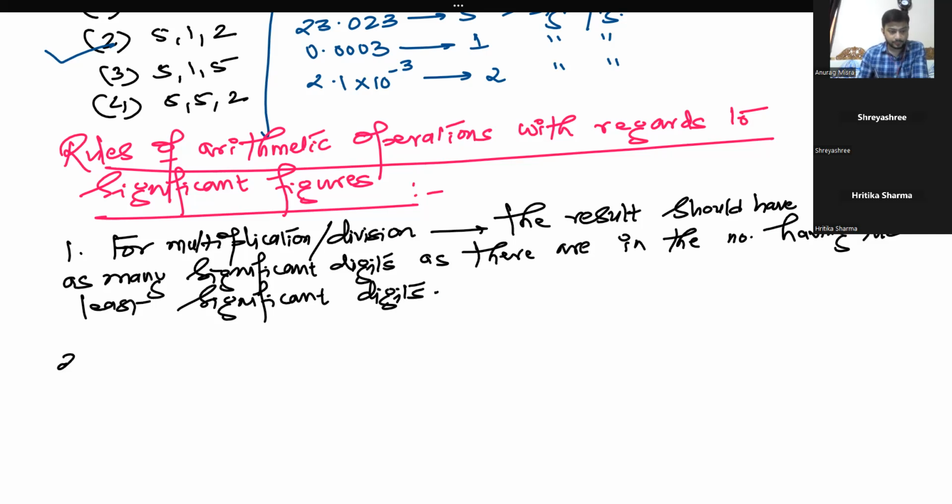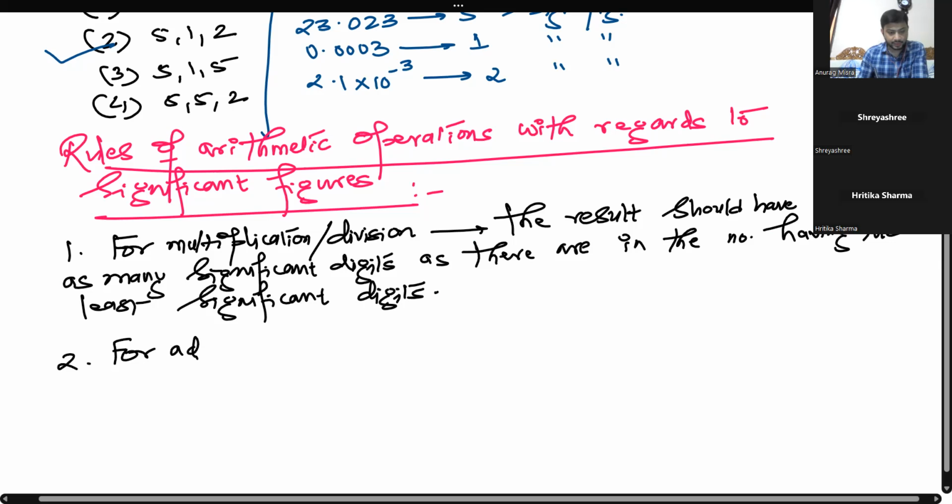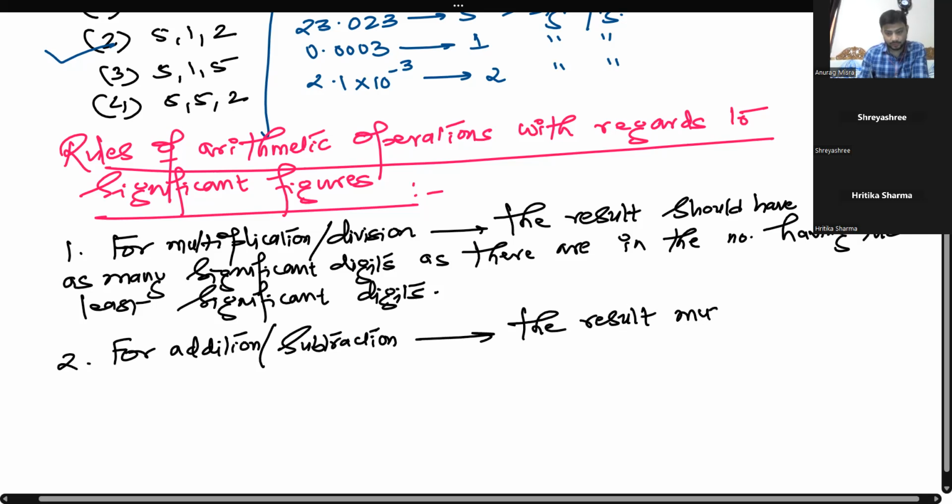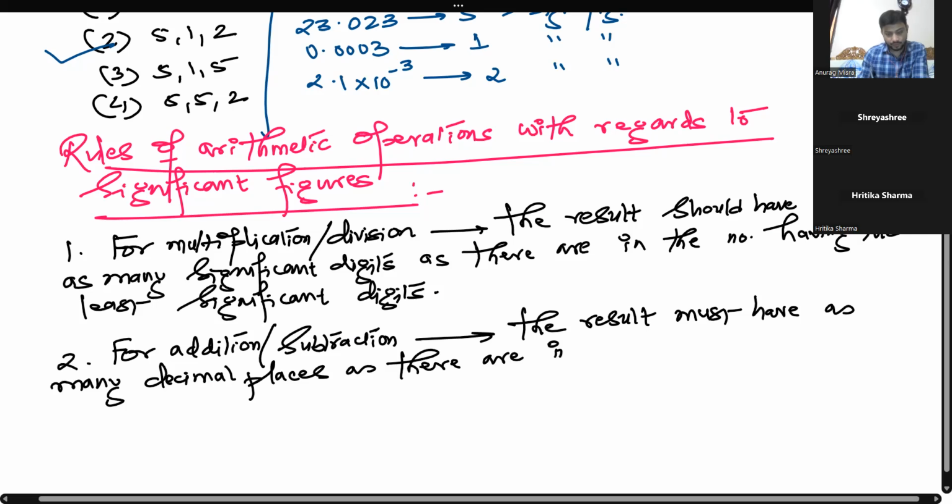On the other hand, when we come to addition or subtraction, the rule is that the result must have as many decimal places as there are in the number having the least decimal places.